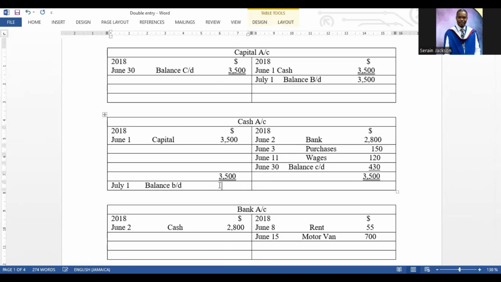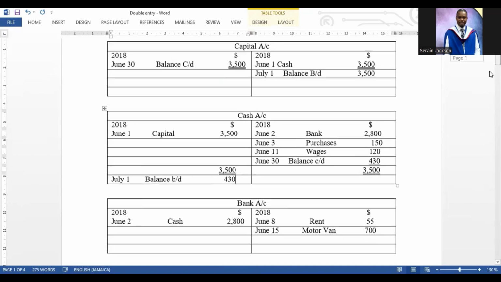So it is 430. At the beginning of the new month, this is the balance on the account. Think about it like having money in a bank. Let's say you have $100 in your bank account at December 31st. Then that is your closing balance. On January 1st, you would still have $100. That is now your opening balance.